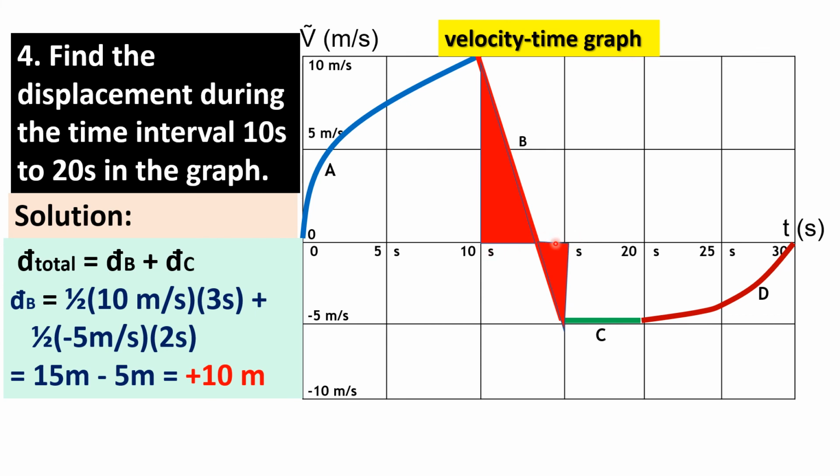So, for the time interval 10 seconds to 13 seconds, the area bounded by the graph line with the time axis, as shown here by the bigger triangle. Take a look at that. And for the remaining time interval, which is about 2 seconds, a total of 5 seconds, notice that as I stated earlier, we are not supposed to shade this part of the graph line.